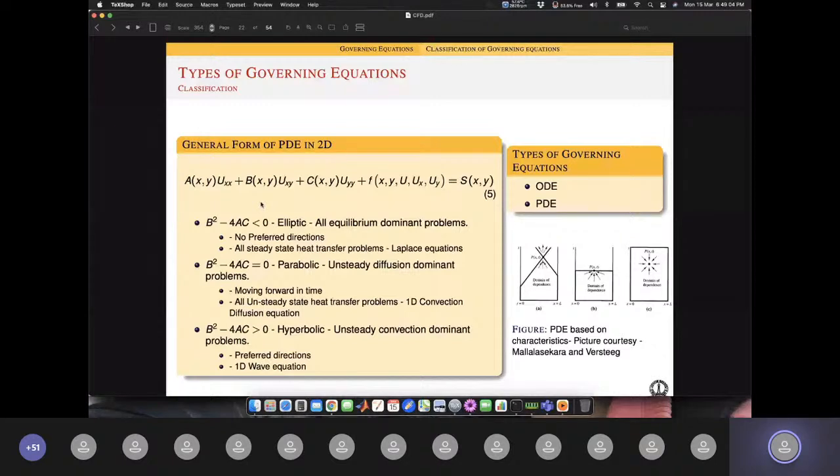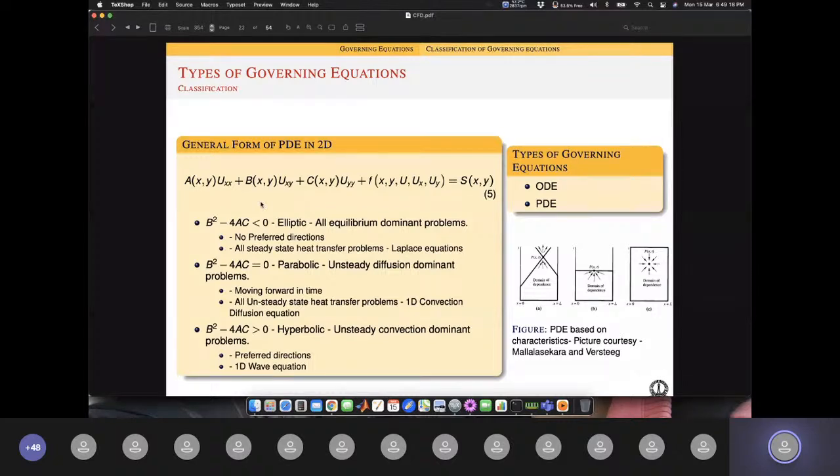You take the coefficients of the second derivatives of u, a, b, and c, and find the discriminant of that. If the discriminant is less than 0, it is elliptic. All equilibrium dominant problems, like steady state heat transfer and steady state diffusion problems, or any steady state equation, whether from fluid or solid, whatever the domain, if it comes under the category of equilibrium problems, then we call them elliptic equations.